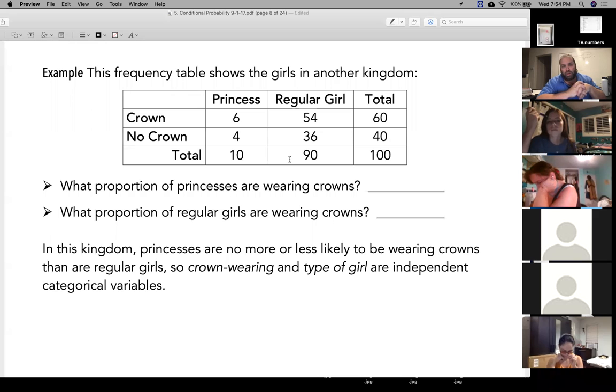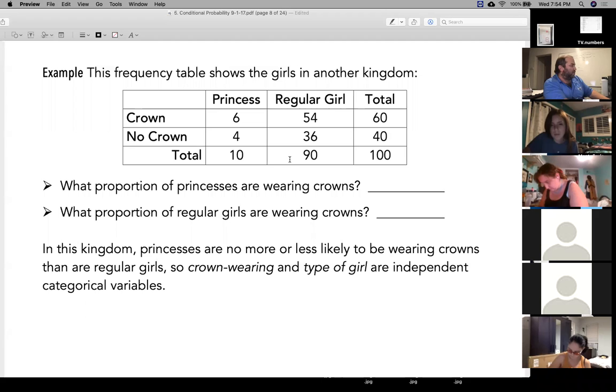Now, what proportion of princesses are wearing crowns? In other words, if we only look at the princesses, what proportion? 6 out of 10. Do you agree with that? Yes. So 6 out of 10 princesses are wearing crowns. And what proportion of regular girls are wearing crowns? 54 out of 90.